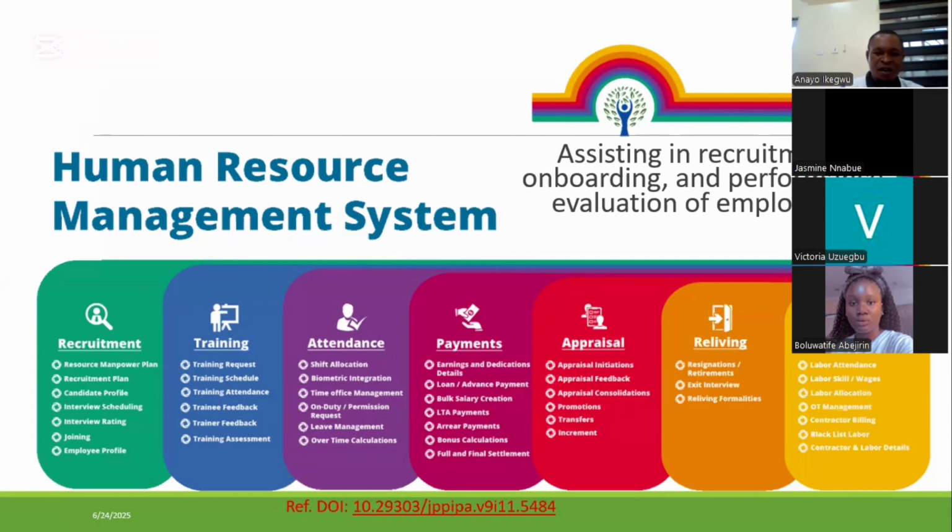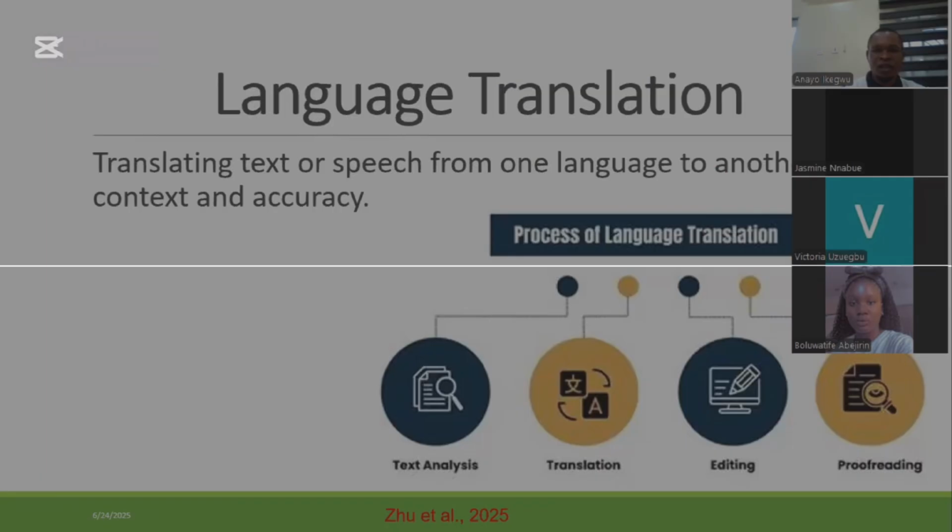It also applies to attendance, training, appraisals, payments, relieving, and even contract level. Somebody may say, how can this work? As you can see from each of them, maybe for appraisal initiations, appraisal feedback, appraisal consolidations, promotions, transfers, and increments, an expert system can be utilized in these areas.